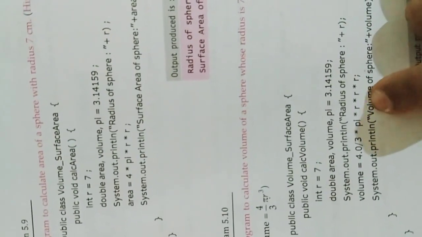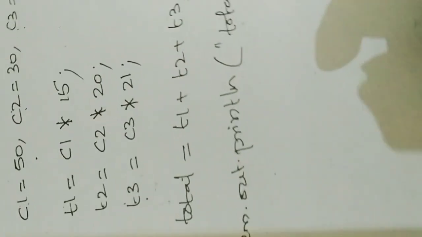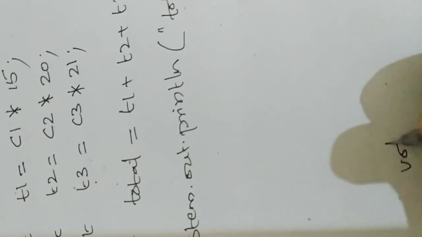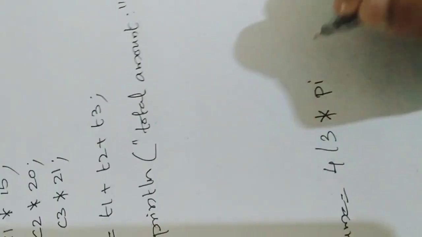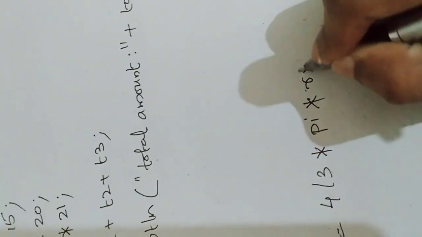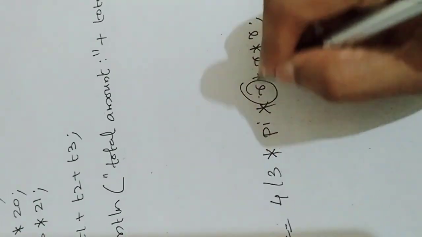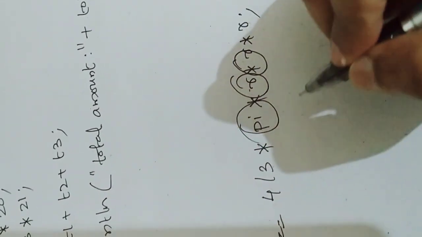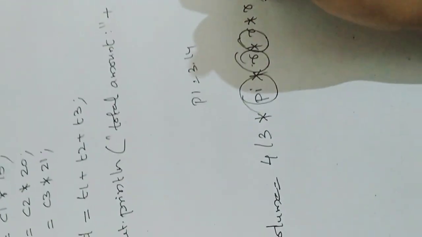Either you can write this or Math dot pow of r comma 3. You can write volume is equal to 4 by 3 asterisk pi asterisk r star r. Before using this, you have to assign values for r and pi. So pi is 3.14. You have to give a radius also.